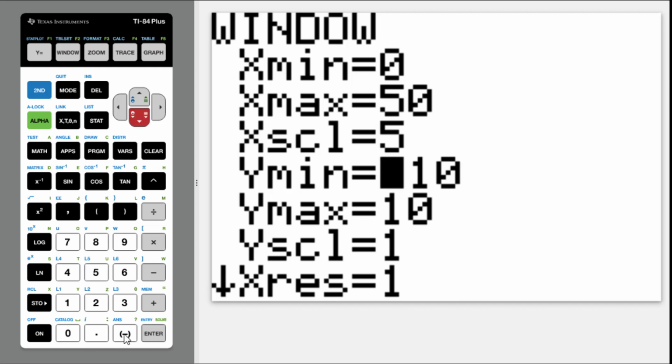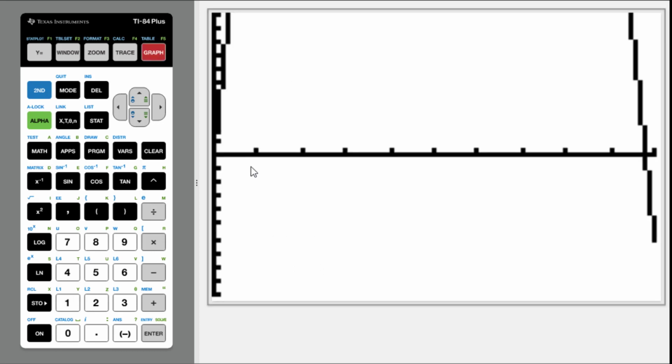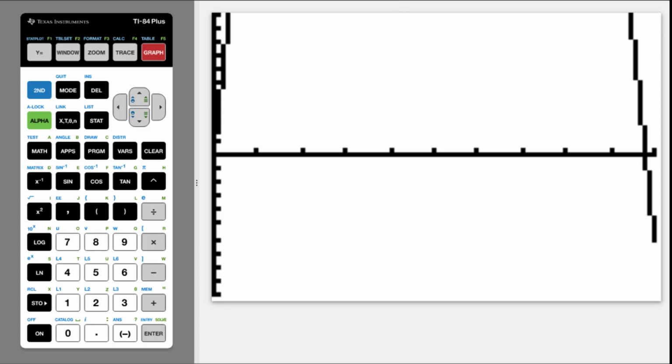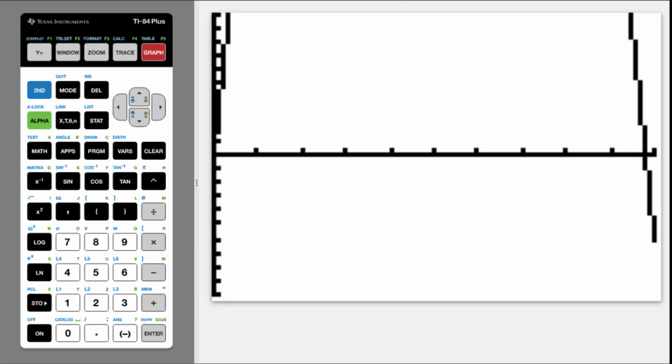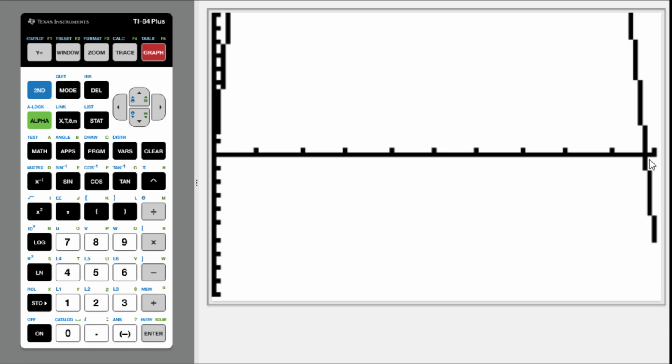For the minimum, let's do negative 100, maximum 100, scale is 10. Then go to graph. You could say the maximum will be between 0 and 50.